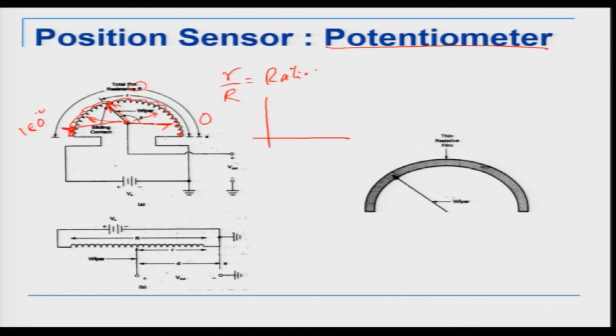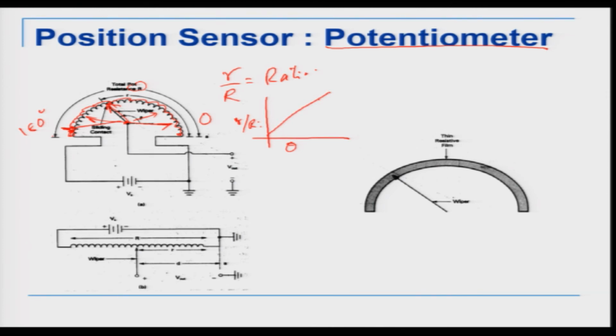Okay. And in between, wherever it is, I can look at the voltage, the r by R ratio versus theta, or the other way around, we can say this is my theta. For every change of theta, what is the small r by capital R ratio. So, theoretically it should be a straight line going like that. Okay.